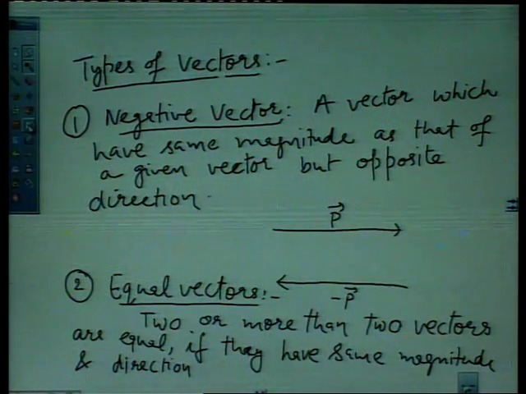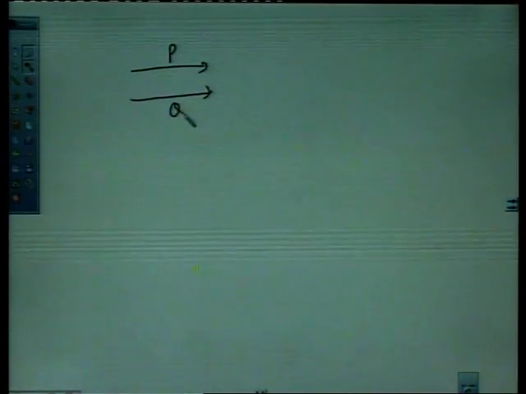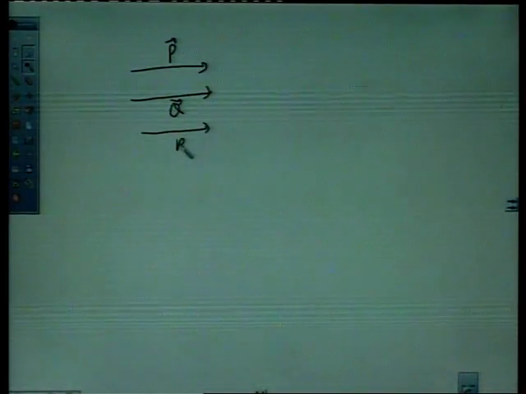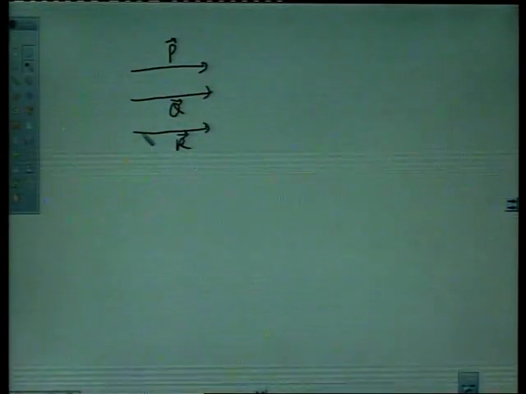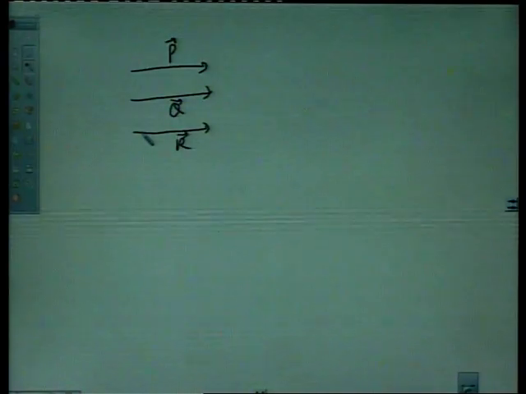So equal vectors can be represented like, suppose we have 3 vectors, vector p, vector q and vector r. If these 3 vectors are having same length and same direction, they are called equal vectors.